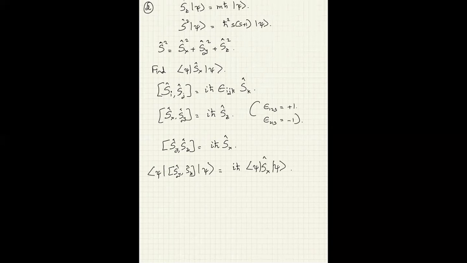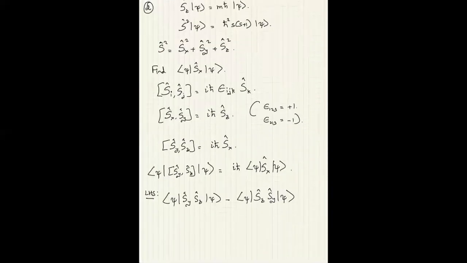So let me manipulate the left-hand side. The left-hand side is psi Sy Sz psi minus psi Sz Sy psi. Now Sz acts on the right on this side to give you m h bar psi, so the first term is basically m h bar psi Sy psi.